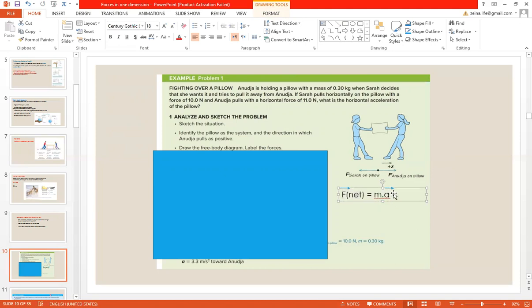Now, before solving this problem, we have to sketch the problem. When you want to solve any problem using Newton's second law, the first thing you have to do is sketch the problem or draw a free body diagram. What do you mean by free body diagram? We represent the object or the system by a simple dot, and you represent the forces that are acting on the pillow.